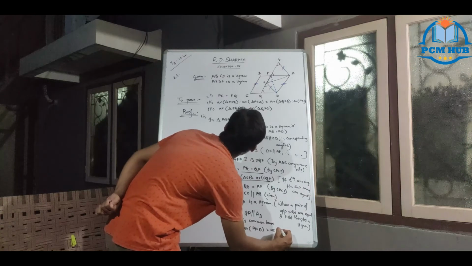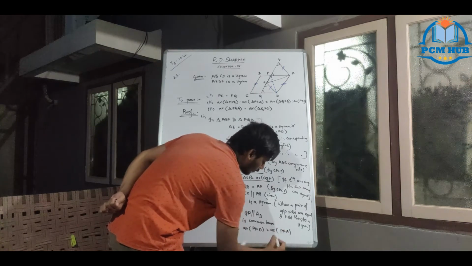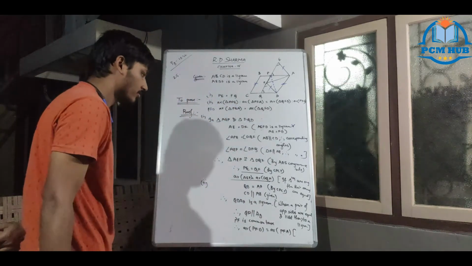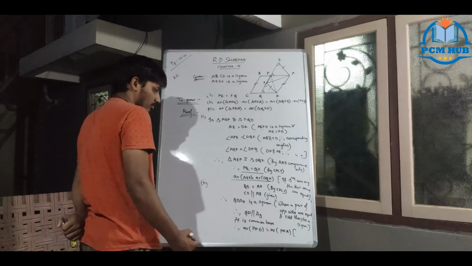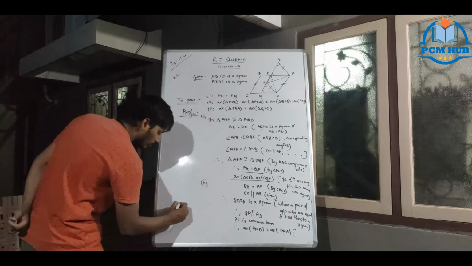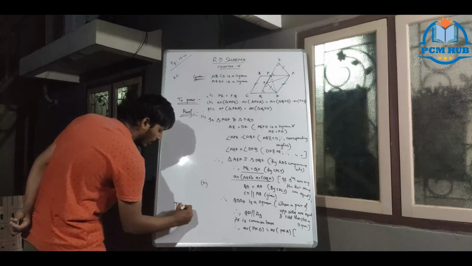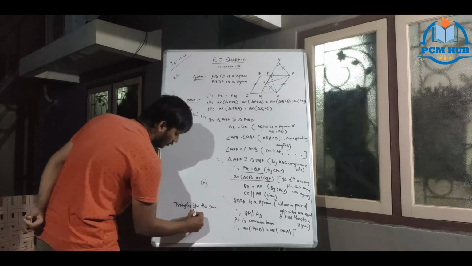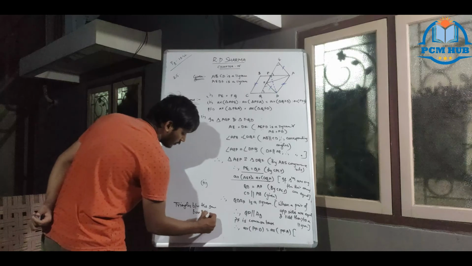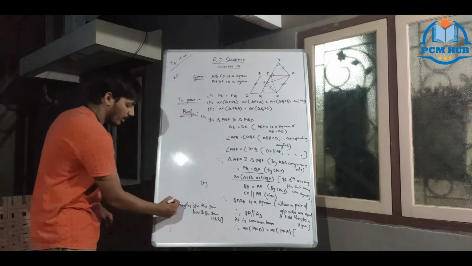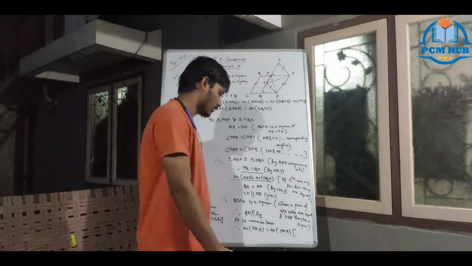Reason? Same base and between same parallels. Triangles between the same base and between same parallels are equal in areas. There you have to write that.